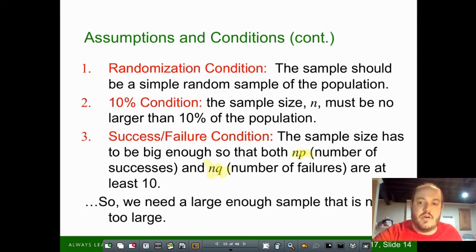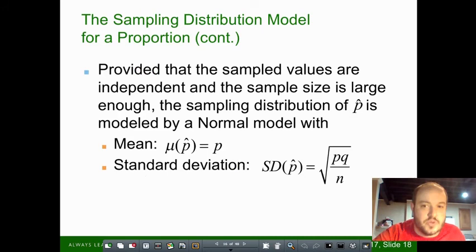All right. Now, if all of this is true, if it hits all three of those conditions, then we can move forward to do the type of questions we just did. So any time they tell you those three conditions are met and they give you the proportion, then you can say, all right, we can set up a normal curve for this question. And that normal curve is going to have a mean that is the proportion of success, and a standard deviation that is the square root of p times q divided by your sample size.